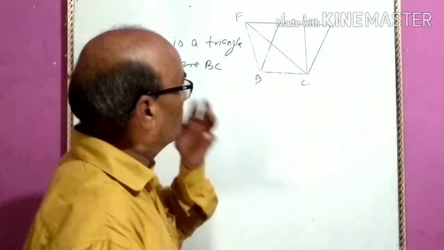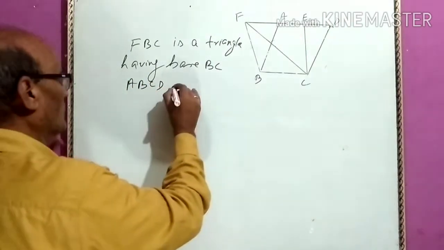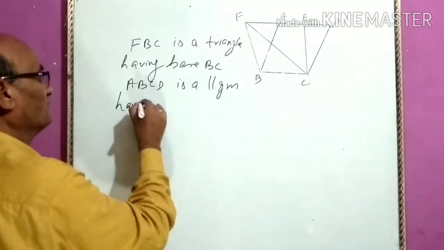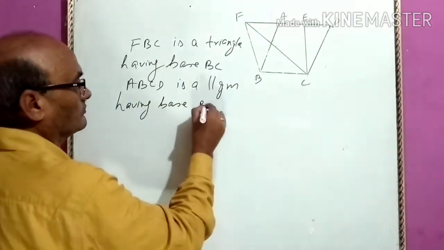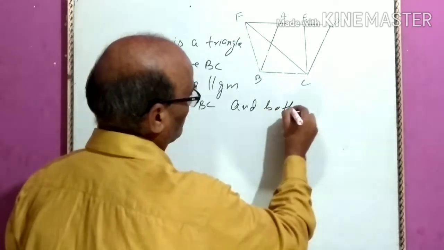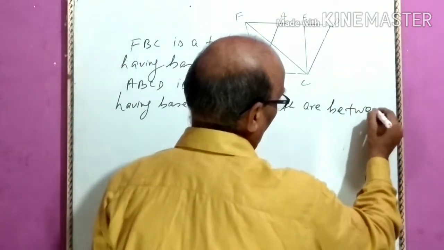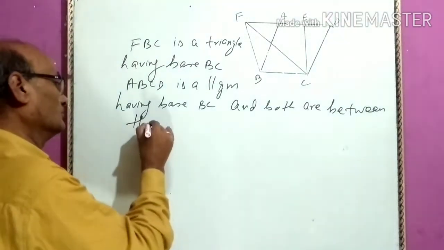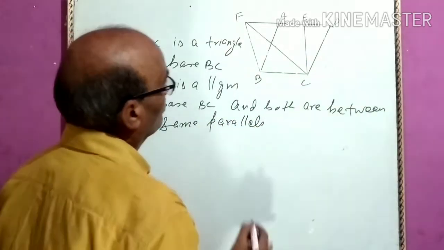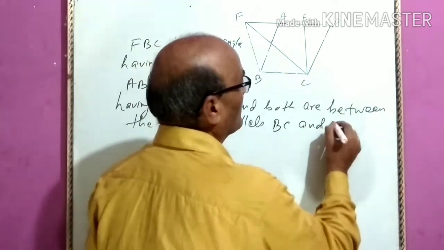Okay, and ABCD is a parallelogram having base BC, and both are between the same parallels, BC and FD.